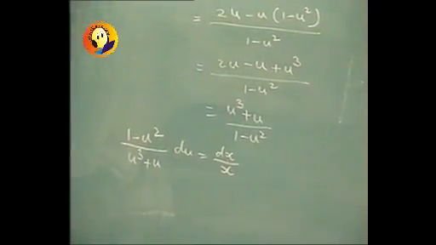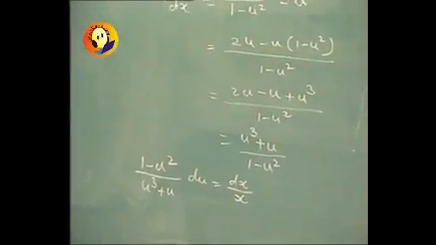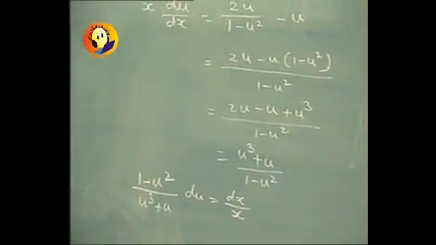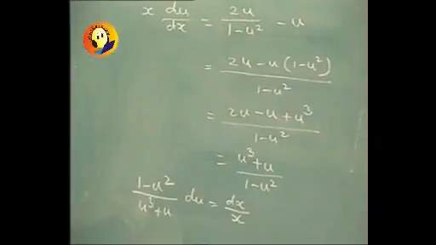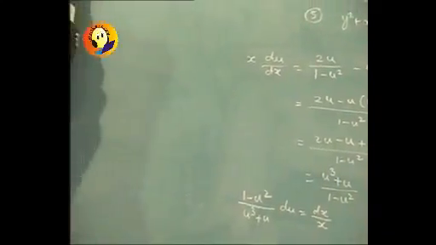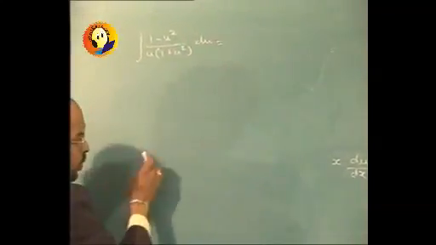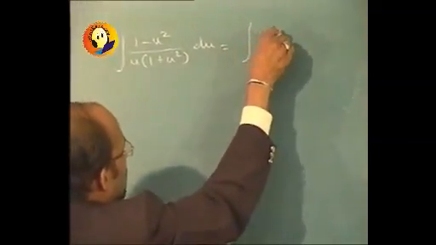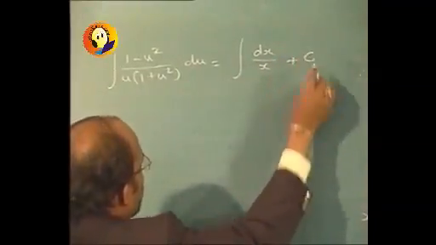And for integration probably we will require some adjustments on the left hand side. It is integral 1 minus u square upon u into bracket 1 plus u square du equal to integral dx upon x plus constant of integration.